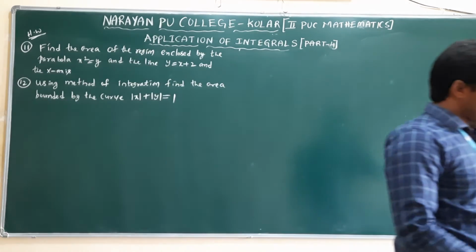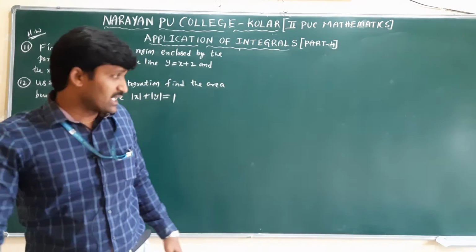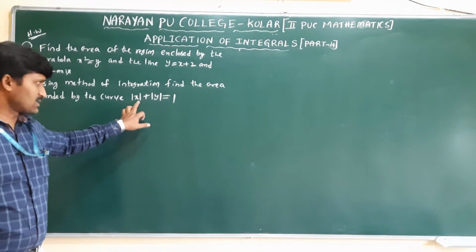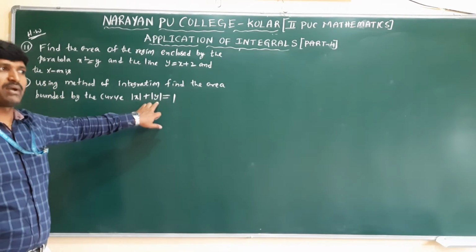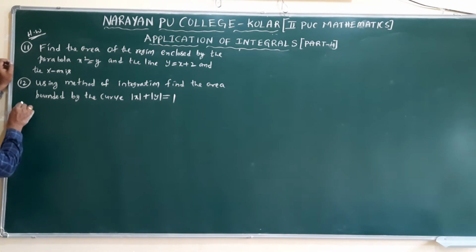Here, when we have mod x and mod y, we know when x is negative, mod x becomes minus x, and when x is positive, it is plus x. Similarly, y is negative means minus y, y is positive means plus y. So from this we can get 4 lines.